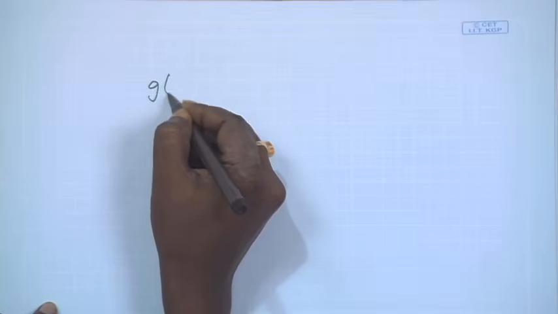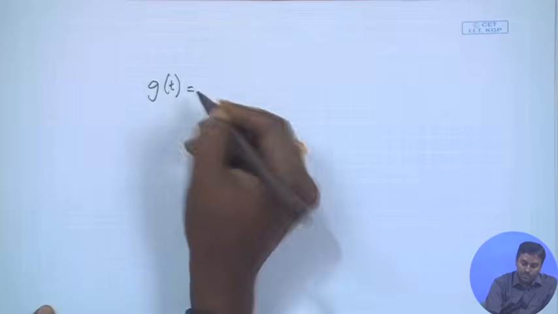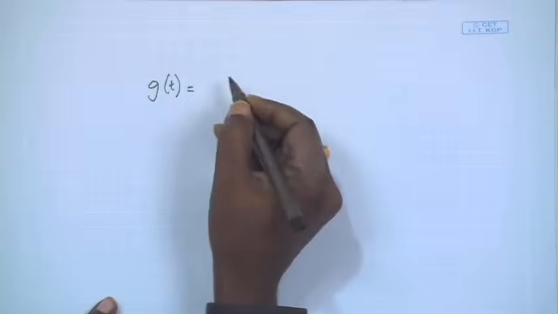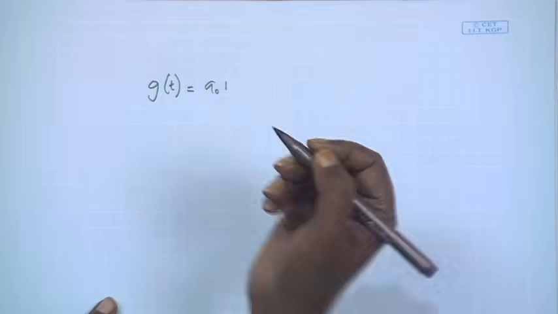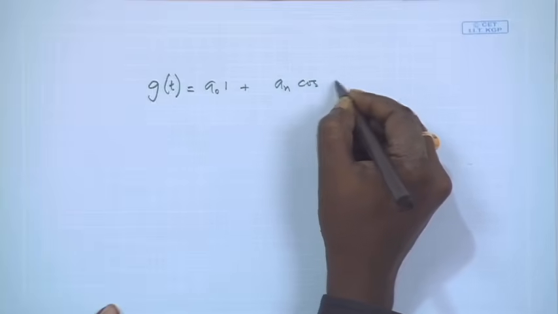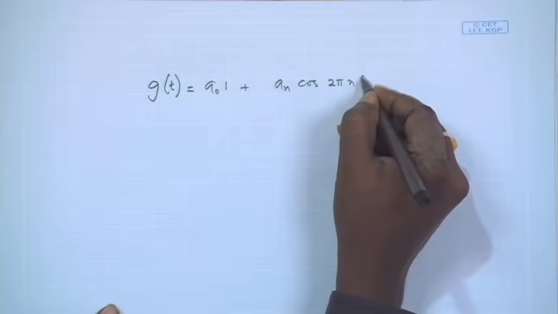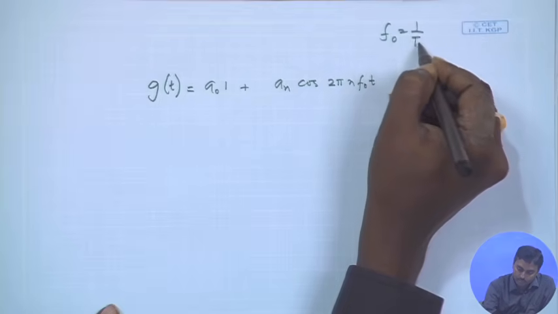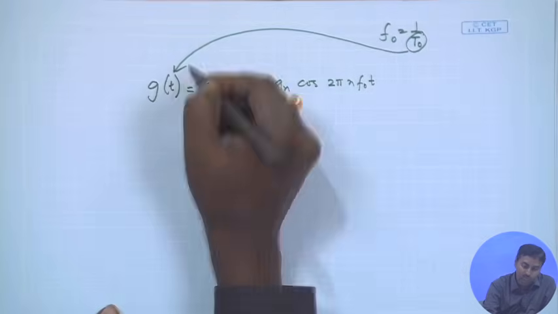Okay. So, what should happen then? I know that any periodic signal g(t), I should be able to represent as a linear combination of all these basis functions, right. So, therefore, I can write first is DC. So, A0 into DC term, which is 1, plus sum An into cos 2 pi n f0 t, where f0 is actually 1 by t0 and this t0 is the period of this signal.